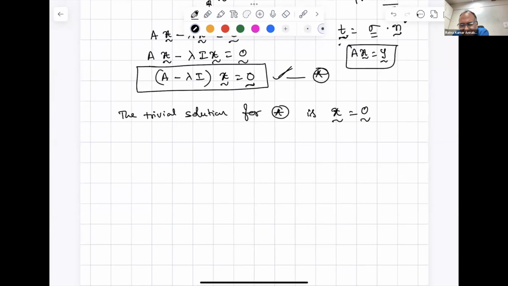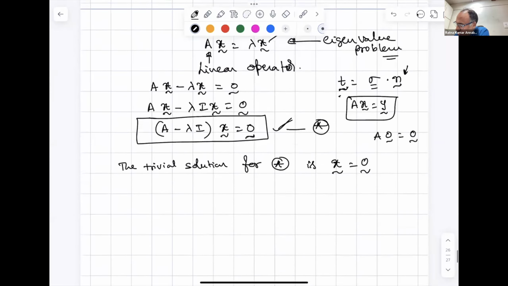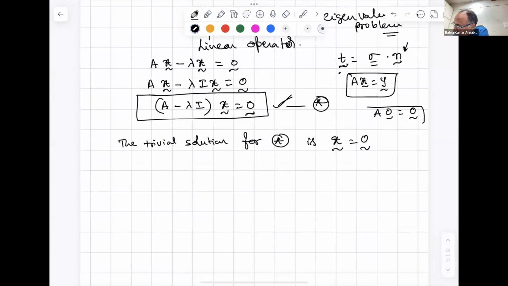But that means the null vector is an eigenvector to any matrix, because if you multiply any matrix with the null vector, you will always get the null vector. So the null vector is an eigenvector to every matrix. So that is not a special scenario. That is a trivial solution.